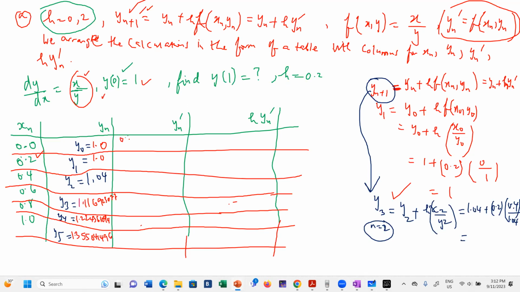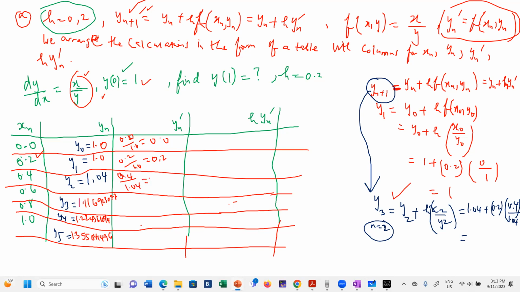So x is 0, y is 1.0, to one decimal place. X first, 0 divided by 1.0 is 0. Then x is 0.2, divide by 1.0. What is the answer? It's 0.2, because we're dividing by just 1. And then x is 0.4. We divide 0.4 by y, which is 1.04.